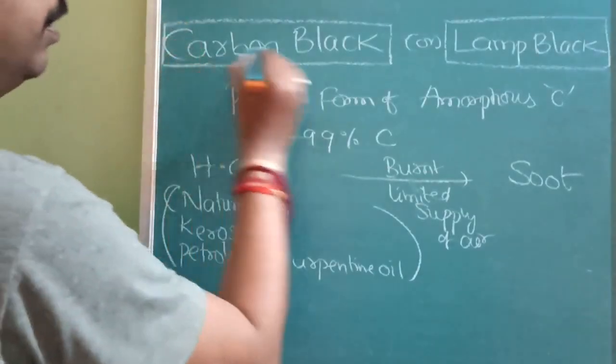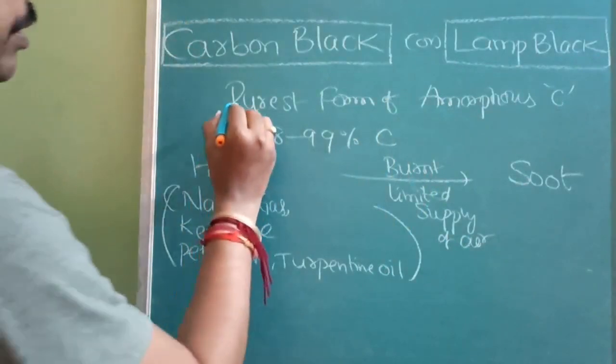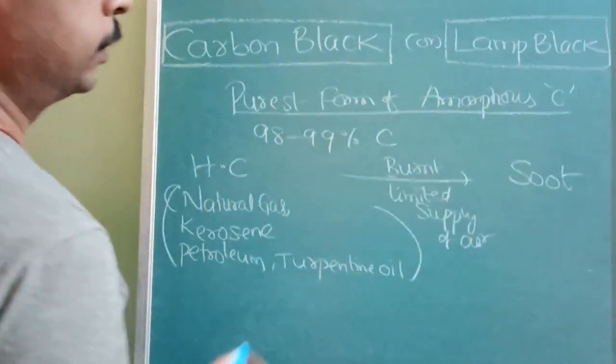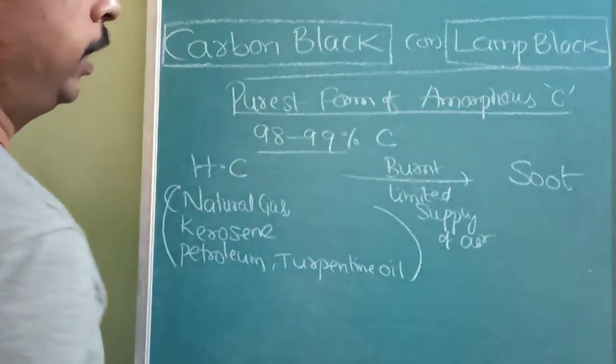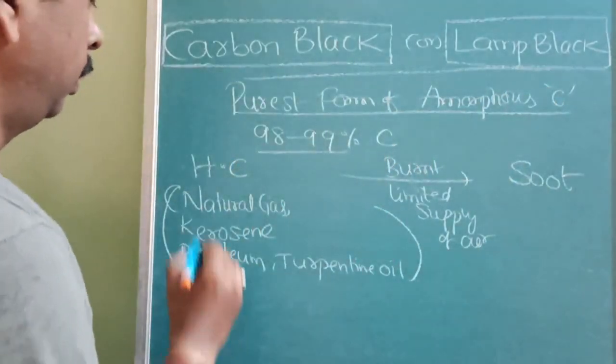Next one is carbon black or lamp black. It is the purest form of amorphous carbon, containing around 98 to 99% carbon.